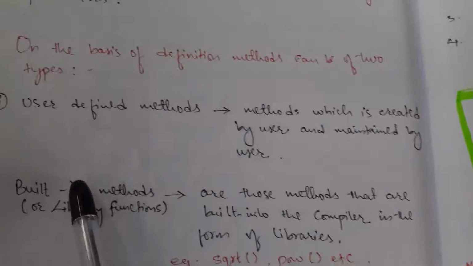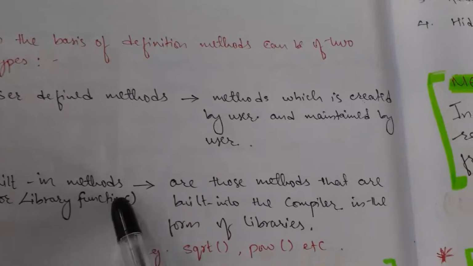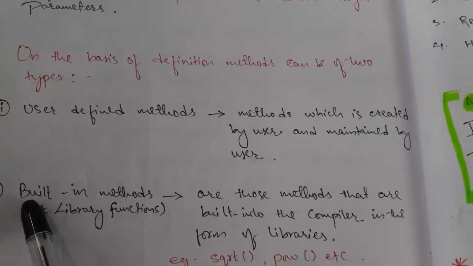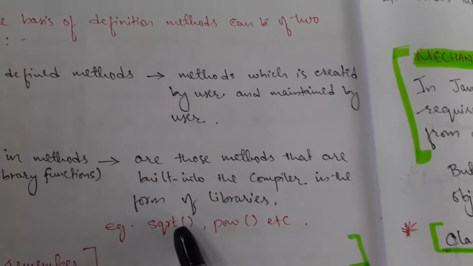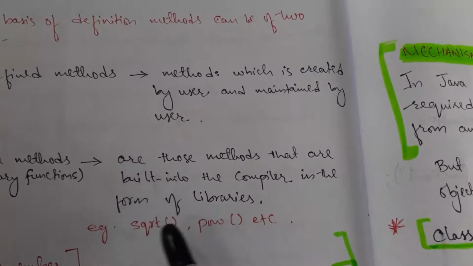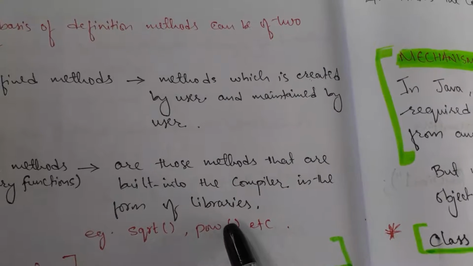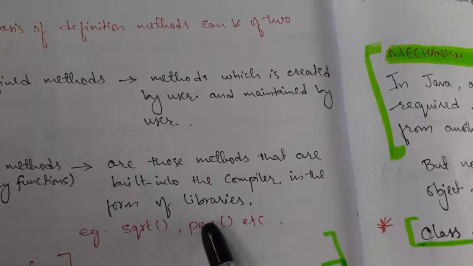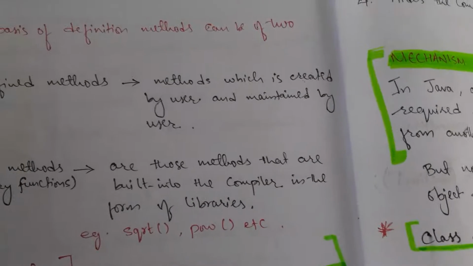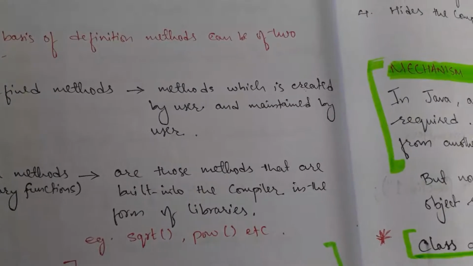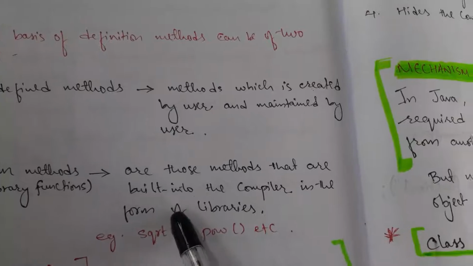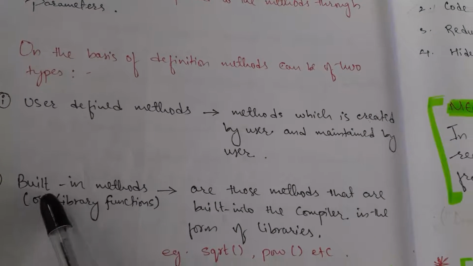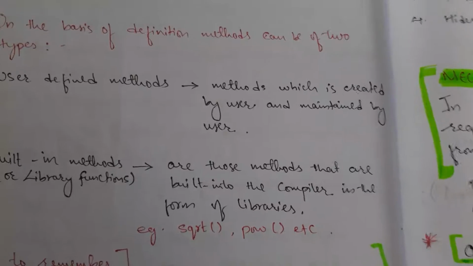That is why it is also called library functions. Some examples are sqrt and pow. These are the math functions that we learned in the previous chapter, if you remember. There are some more math functions and the character functions that we have learned. Those are examples of built-in methods or library functions.